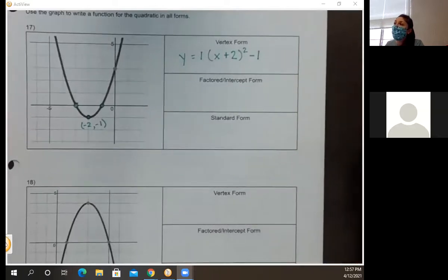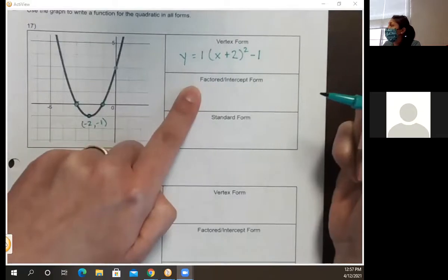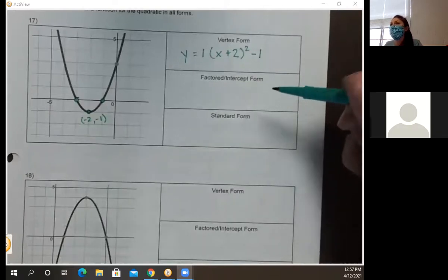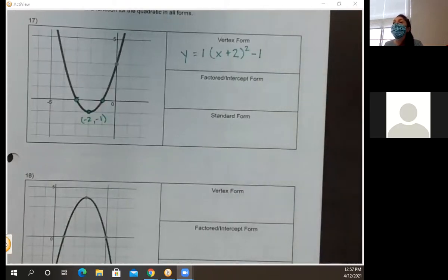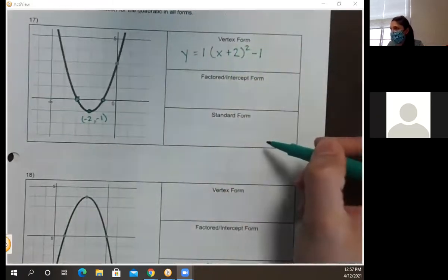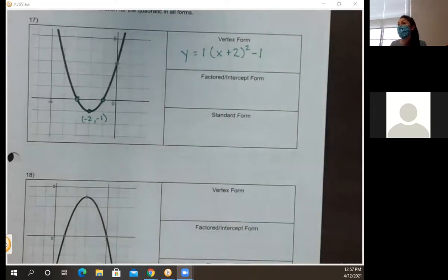What I'm going to show you today is how to get this intercept form, or we also called it factored form, directly from your graph. Since we know it gives us key features, we're going to practice using those key features to write the function. If you're more comfortable saying distribute this, get standard form, and then factor that to get intercept form, that also works, just like what we did on Friday, okay?